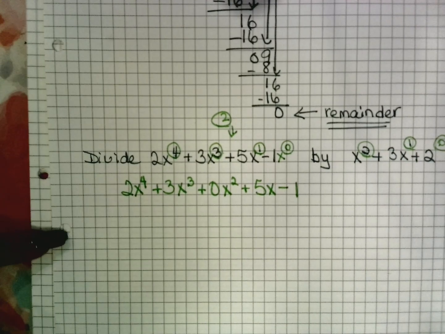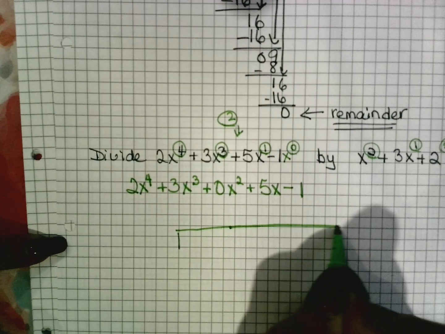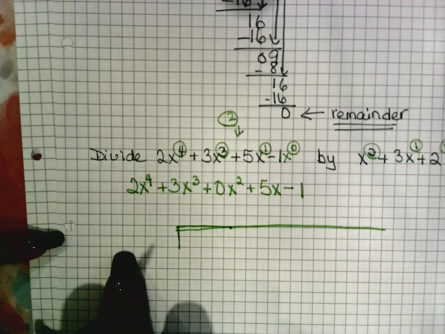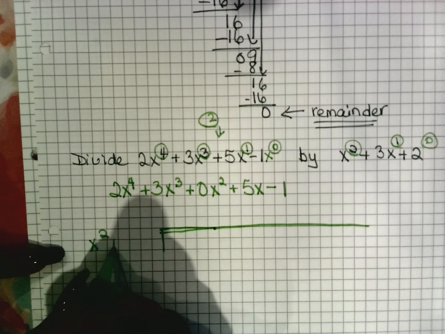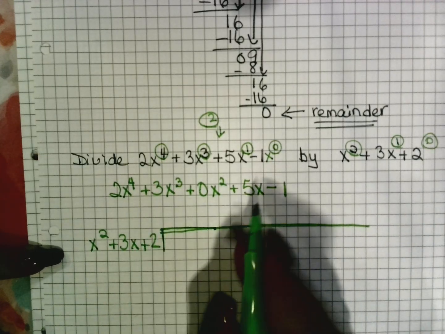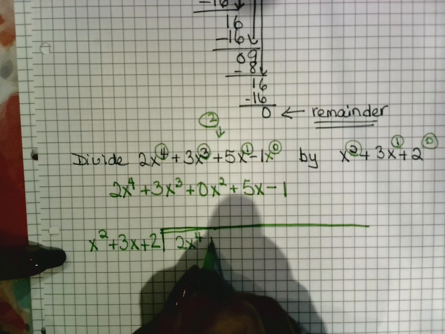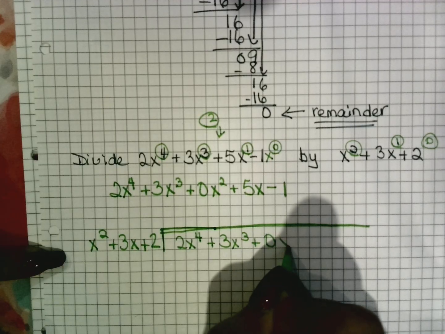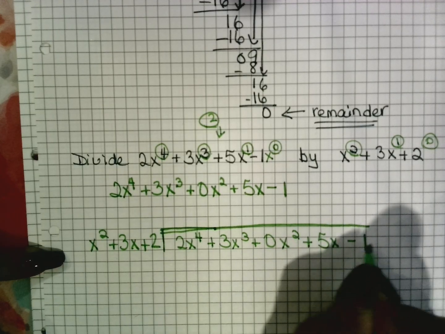All right. We're going to go ahead and get ready to divide this. So let's set this up. Over here on this side, we are going to put x squared plus 3x plus 2, and under here, 2x to the 4th plus 3x to the 3rd plus 0x squared plus 5x minus 1.